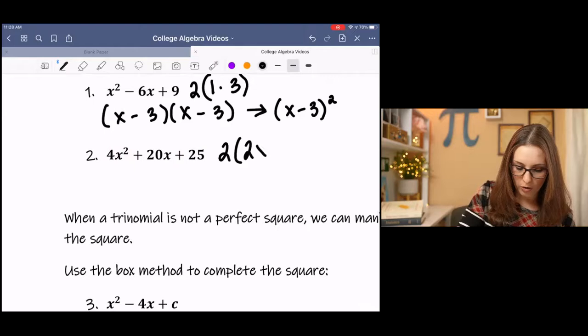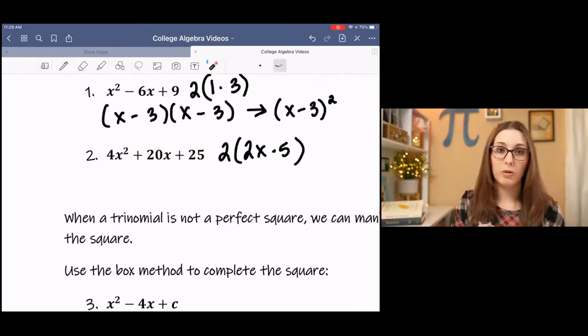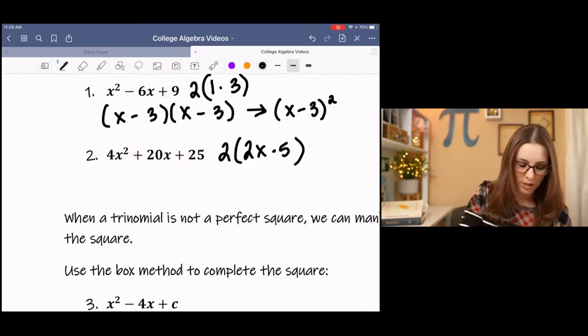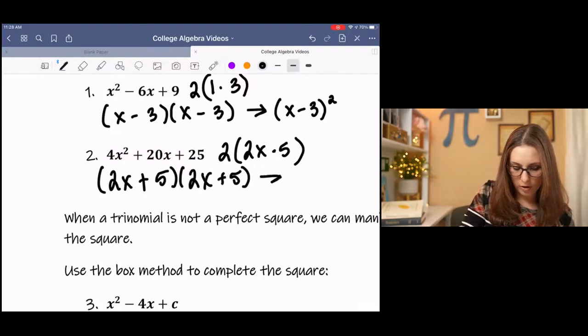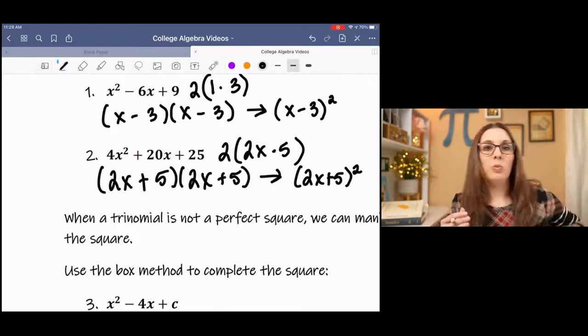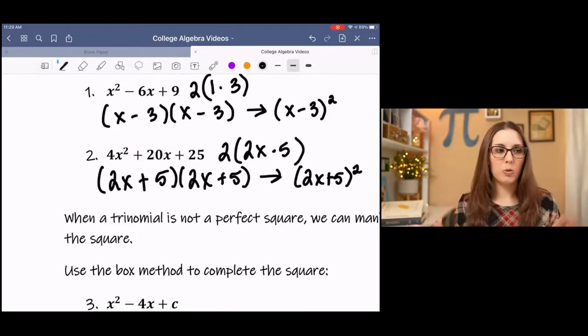Double the square root of both is going to get you this middle term. So it follows the pattern, which means that we can factor it into 2x plus 5 squared. And then we would square root both sides, solve for x, done, super simple.